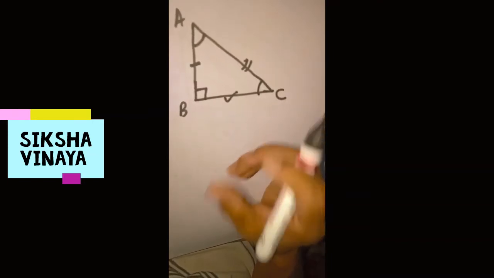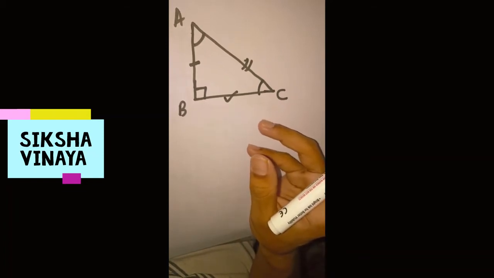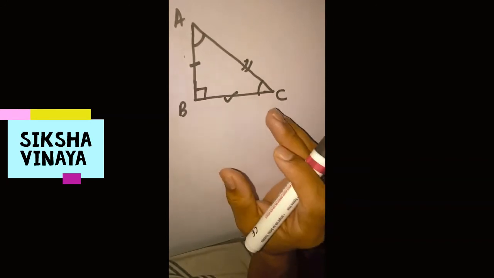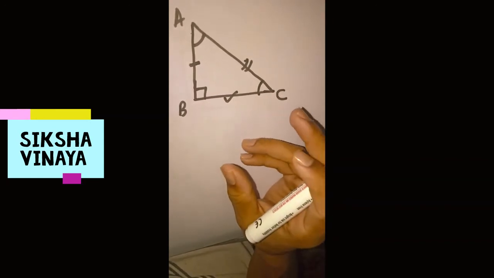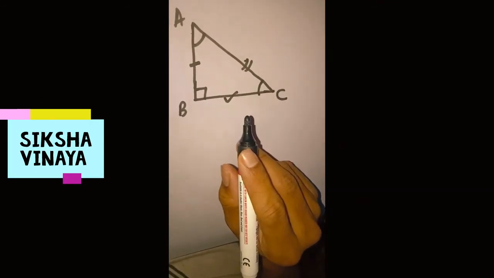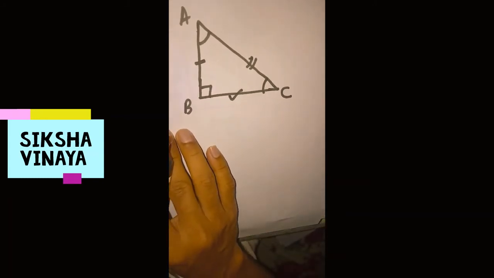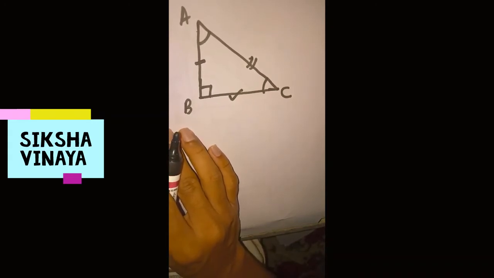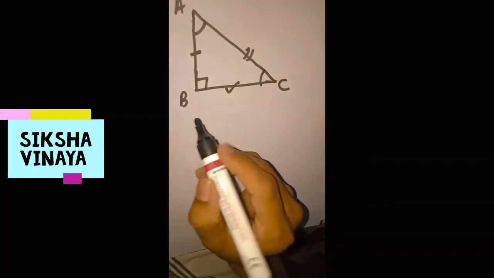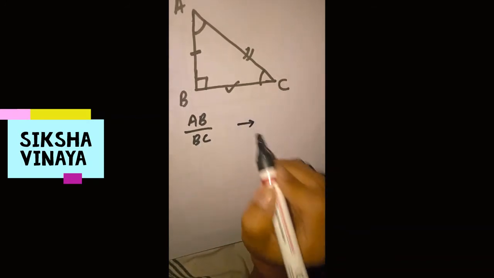If I take the ratio of the sides, how many ratios can you find out? Think about it. Yes, there are 9 ratios. Oh, strange. Only 6? No, my learner, there are 9 ratios. I am giving you all the ratios here.